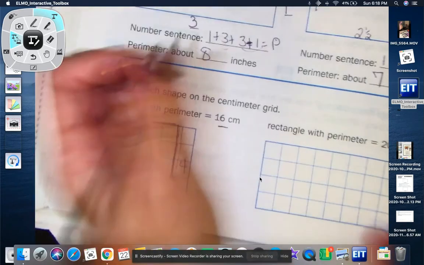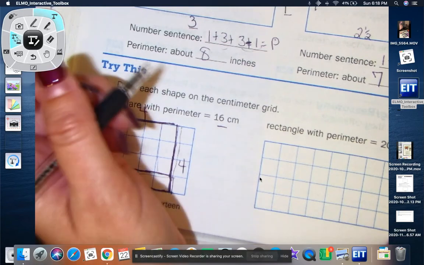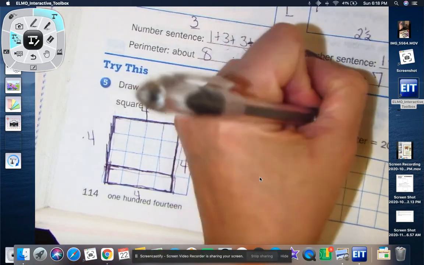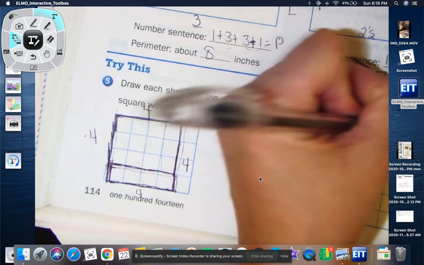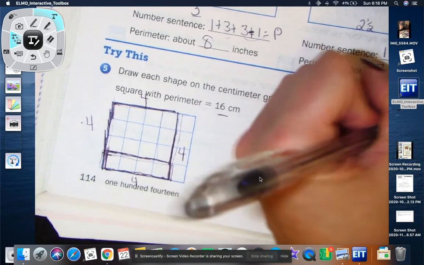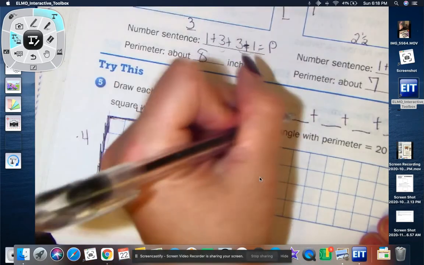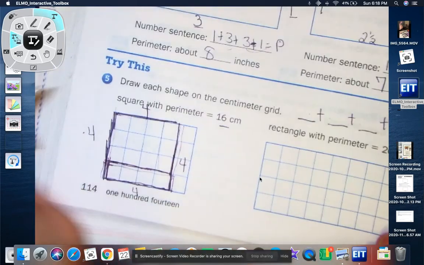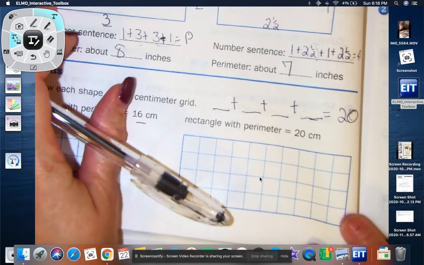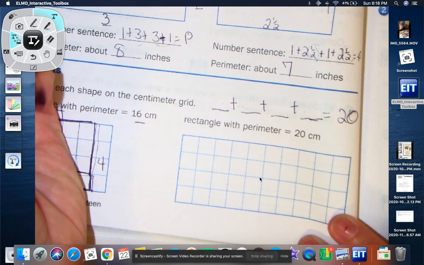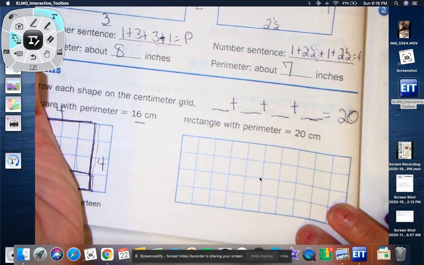All right, now I need a rectangle of 20 centimeters. So I know that I have to have something plus something plus something plus something, because it's a rectangle, equals 20. So I have to have 4 sides. That's why I have 4 blanks. And I am thinking about how I could get 20. And they have to be equal.